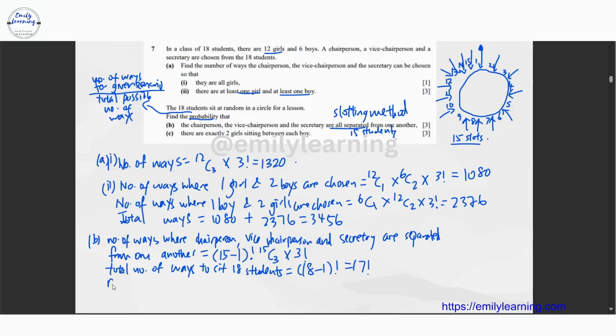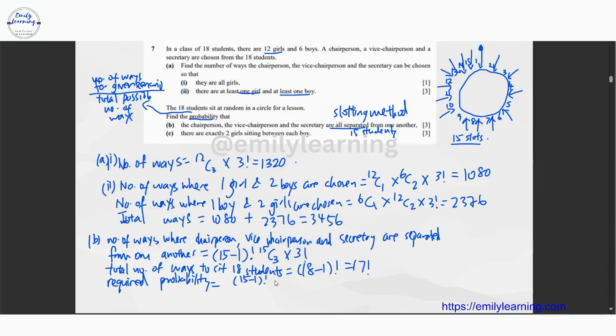So the required probability will be equals to the number of ways from the given scenario, which is here, this 15 minus 1 factorial times 15 choose 3 times 3 factorial, then divide by the total number of ways, which is 17 factorial.